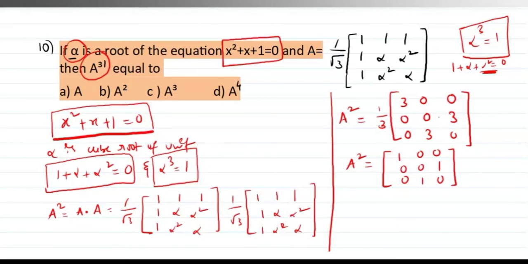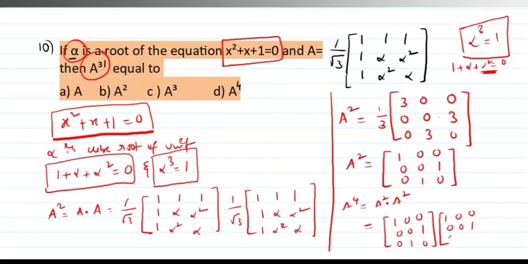Now find the A power 4 value. A power 4 means A square into A square, that is [1 0 0; 0 0 1; 0 1 0], again the same matrix [1 0 0; 0 0 1; 0 1 0]. So this value is definitely the identity matrix. Identity matrix means [1 0 0; 0 1 0; 0 0 1].